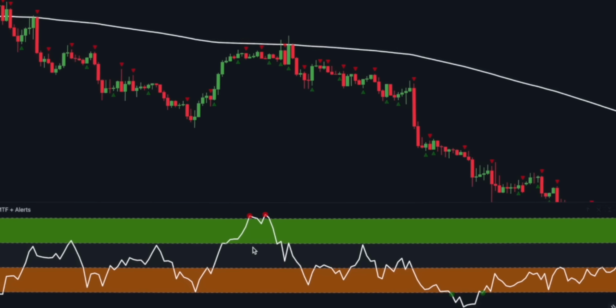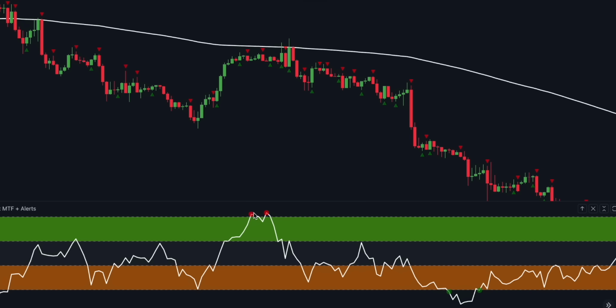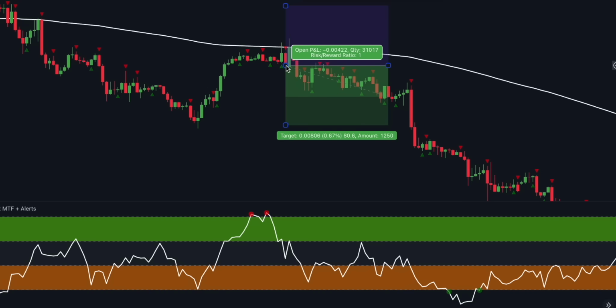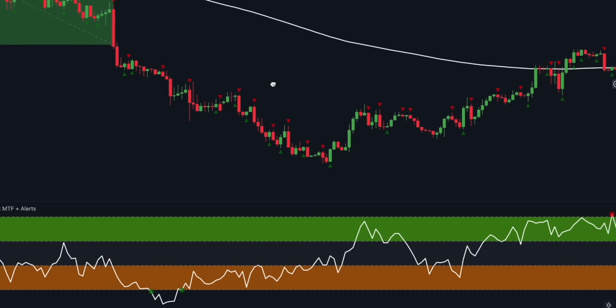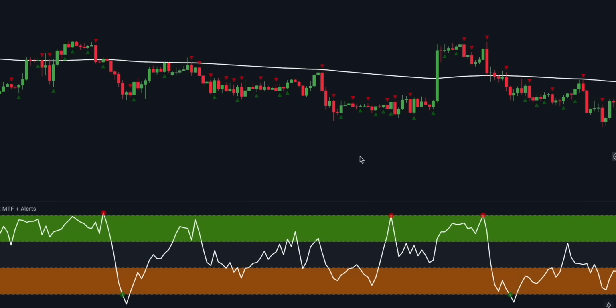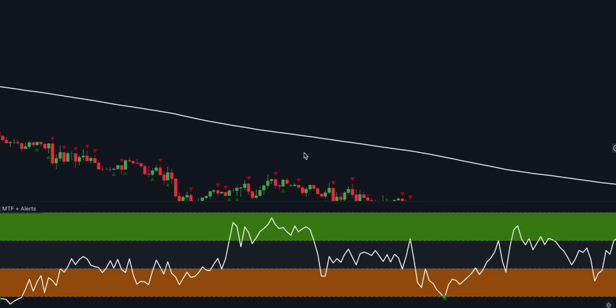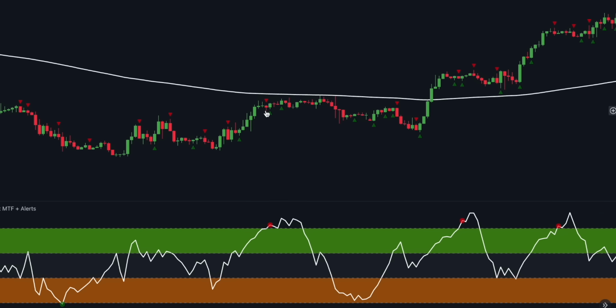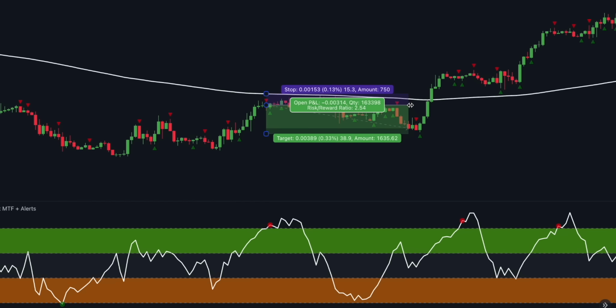Now let's check how well it works on higher time frames. As we can see, this trading strategy has a high success ratio.